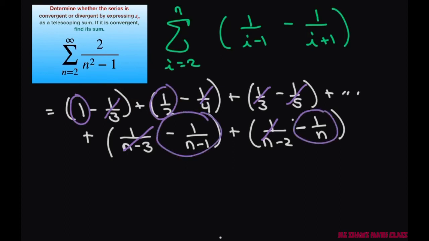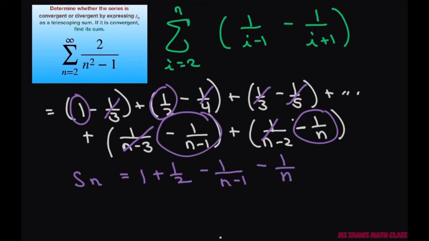So what we have is the telescoping series, and the sum S sub n equals 1 plus 1 half minus 1 divided by n minus 1 divided by n.